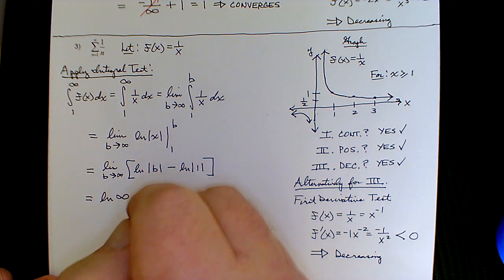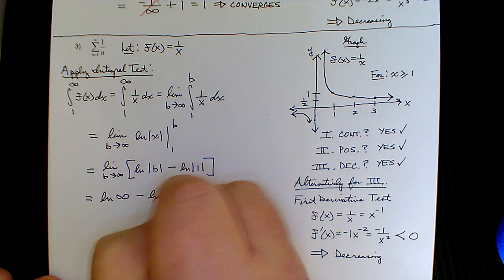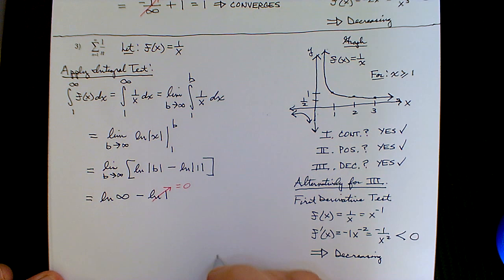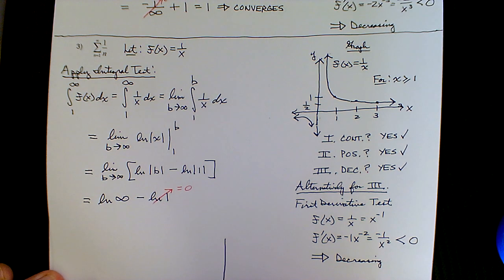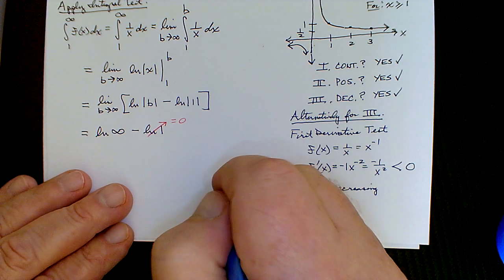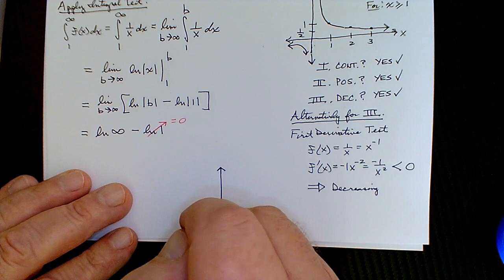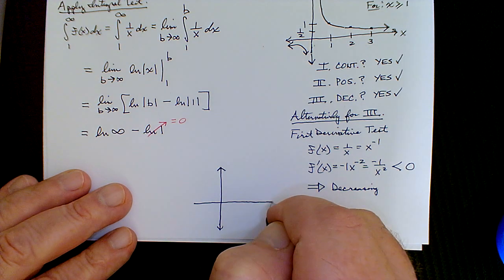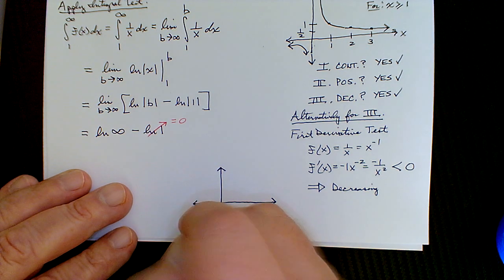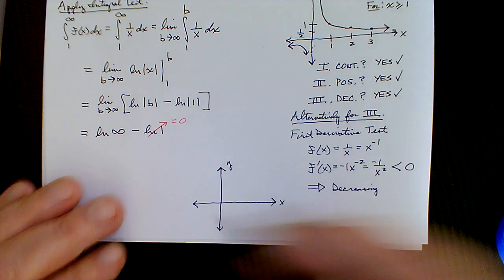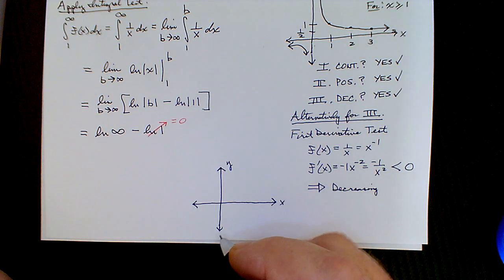Now the natural log of 1 is equal to 0. And the natural log of infinity, I've talked about that in the past as well. You can think of the natural log as like an operator, and it'll shrink numbers, but you really can't shrink the notion of infinity. So the natural log of infinity is really just infinity.